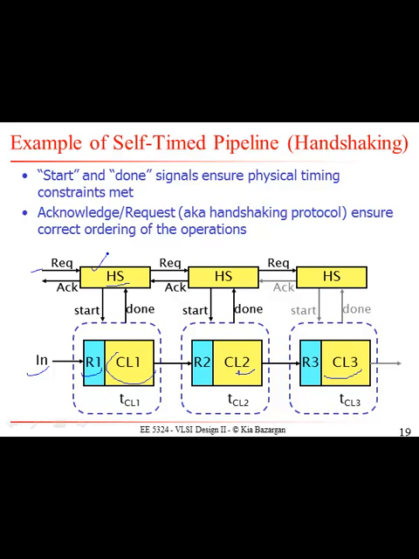So a lot of things could be happening at the same time. CL3 could be doing its computation. CL2 might be sitting there idle because CL1 is busy, but once CL1 is done, it could immediately send the data to CL2 because CL2 was available, and process the data.